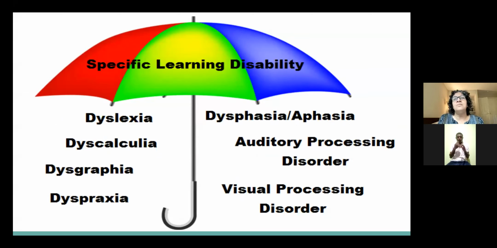So what are the different kinds of learning disabilities, if we are talking about a spectrum? Dyslexia, dyscalculia, dysgraphia, dyspraxia, and dysphasia. I have mentioned here auditory processing disorder and visual processing disorder.